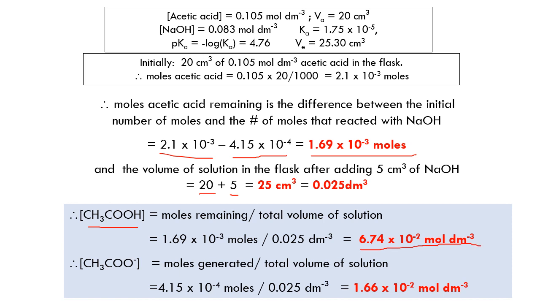We also figure out the concentration of our acetate ions. It would be the moles that were generated, recall 4.15 times 10 to the minus 4 moles, also divided by the total volume of the solution, and this tells us the concentration of acetate ions now in the solution.